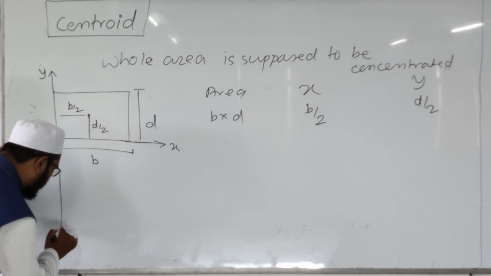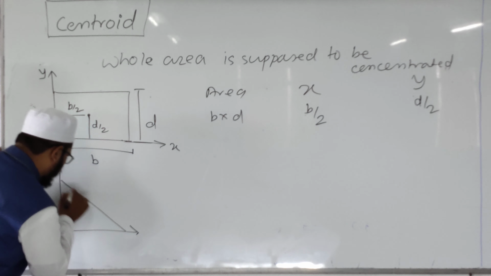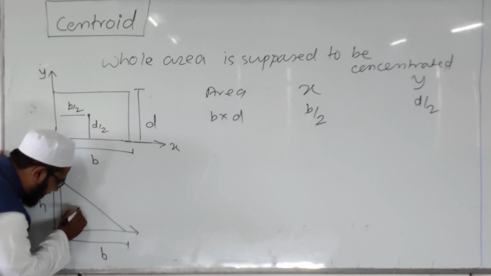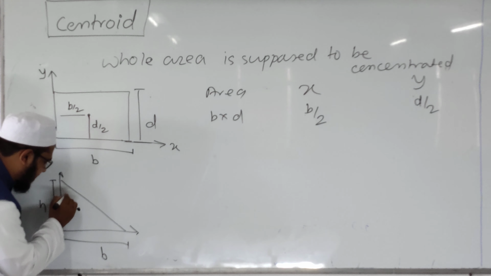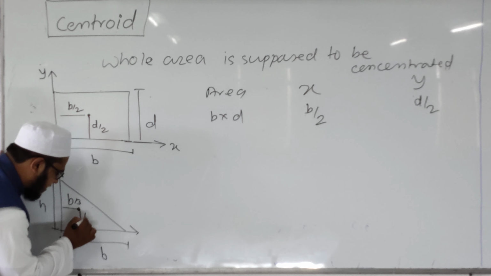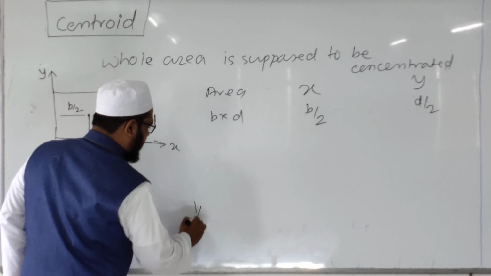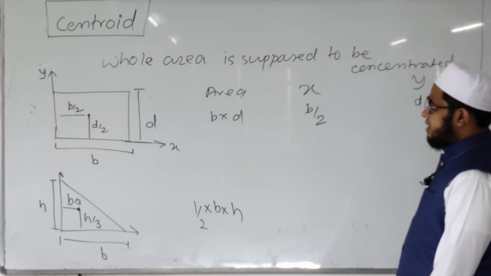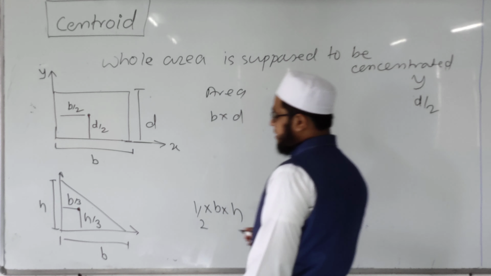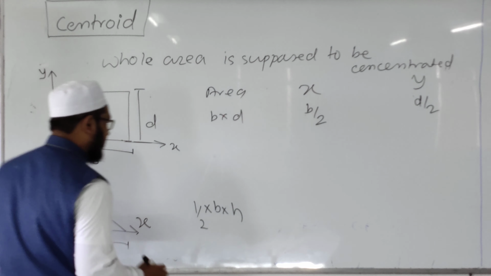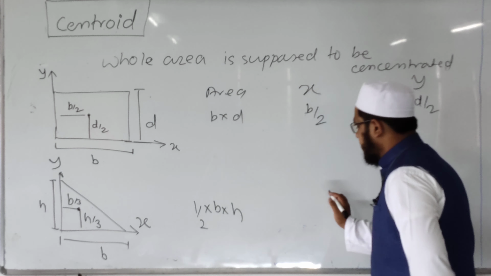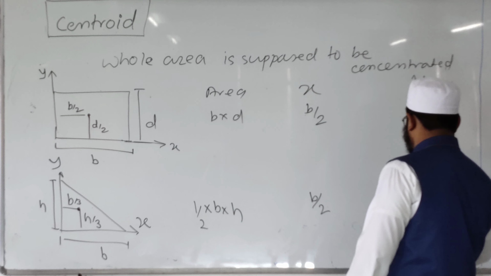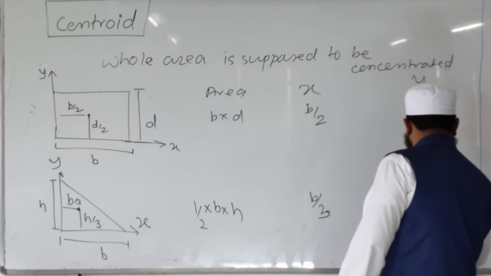If it is a right angle triangle having height h and base b, then the centroid is lying at this point, at a distance of b by 3 from the height and h by 3 from the base. Area is given by half base into height, and the x coordinate is the distance measured from the y axis.